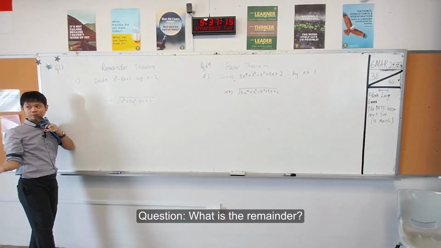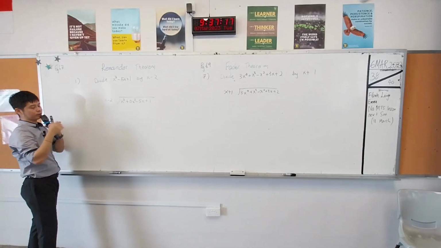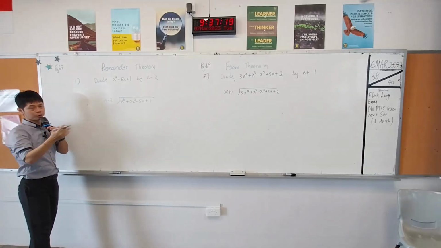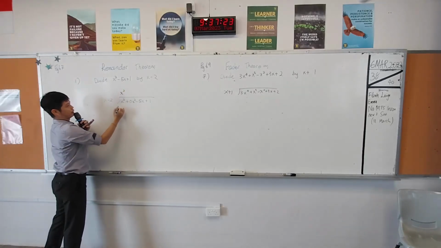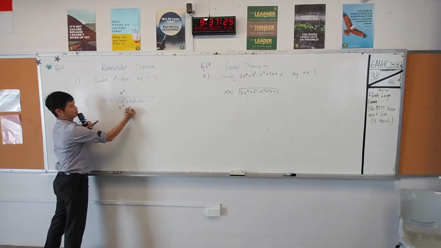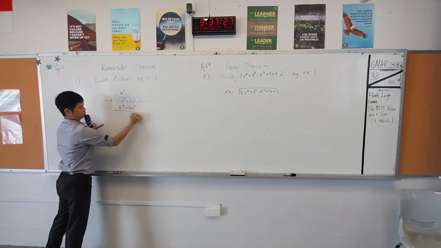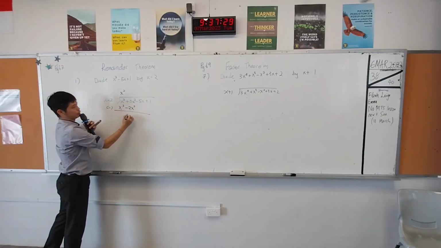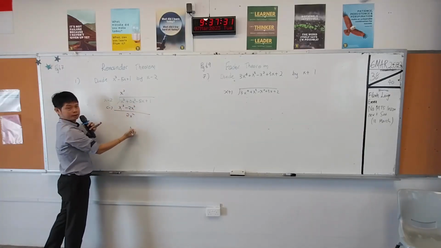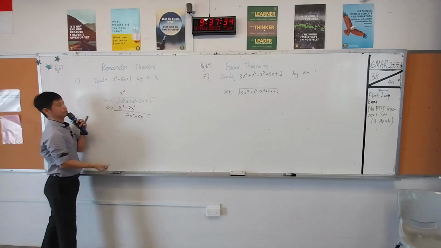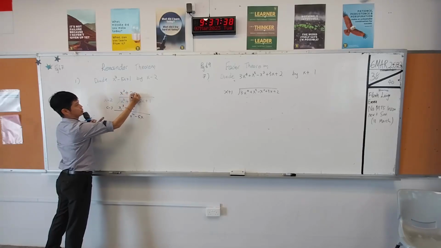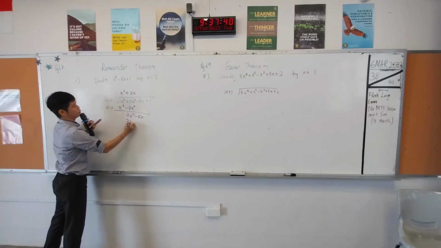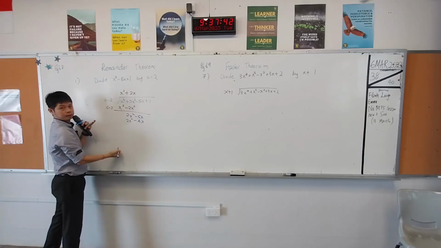remainder? What we covered earlier is that we use long division to find the remainder. So I will have x squared, and this will give us x cubed minus 2x squared. We subtract, that will give us 2x squared minus 5x. So I will need to multiply by another 2x to give us 2x squared minus 4x.